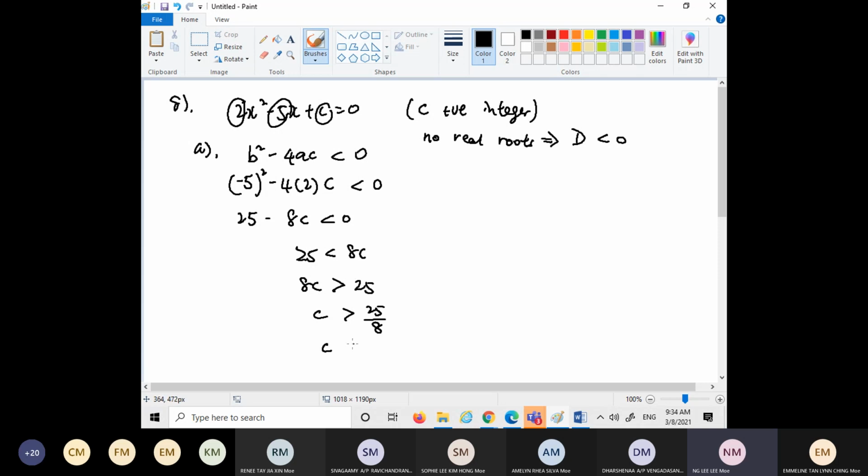Now I know that c is greater than 3.125. And c is a positive integer, meaning c cannot take a decimal. Then c is greater than 3.125, but it can be many c lor.